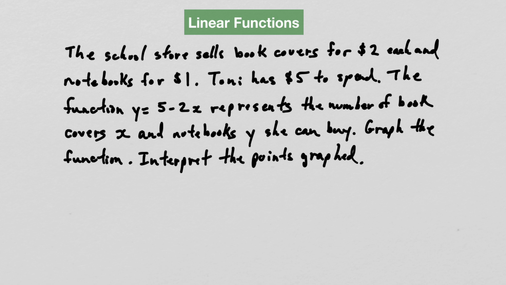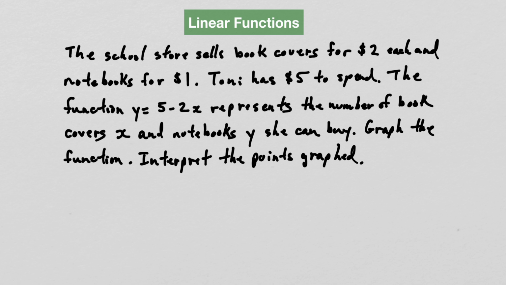And what I normally do with word problems, and I would recommend that you do the same, is when you read through it the first time, read through it at a minimum speed without really focusing in on the details, but just kind of get a general gist of the problem. Okay, so as we read through that the first time, we know it has something to do with book covers and notebooks.